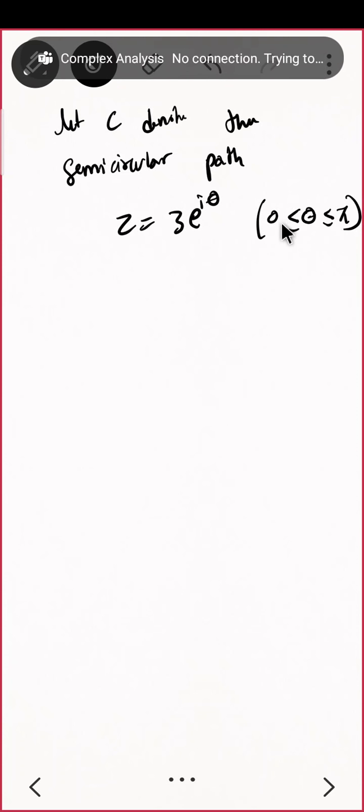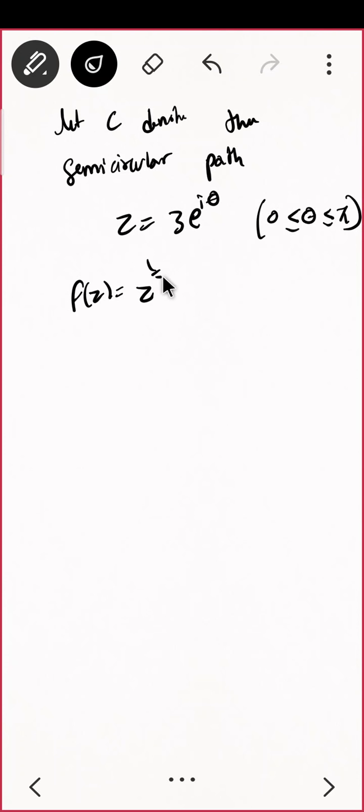That means this is a circle with radius 3 and the parameterization is 0 less than theta less than pi. This is just the upper half plane. Correct? That is from the point z equal to 3 to z equal to minus 3. And the function, suppose I am doing f of z equal to z raised to 1 by 2.